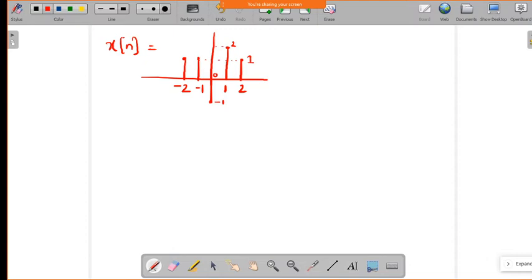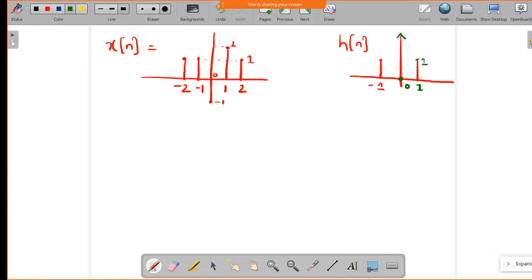Okay. So, now take this input signal, and your h of n is given by 1 at minus 1, 0 at 0, and at 1 it is again 1.